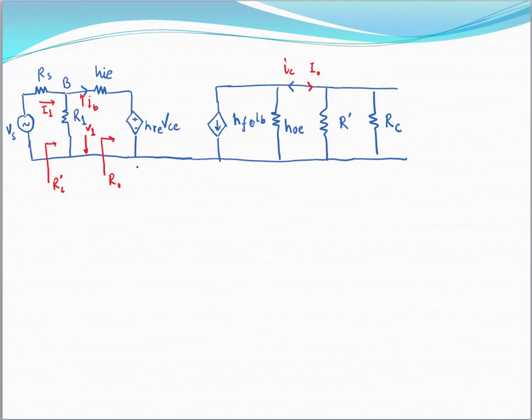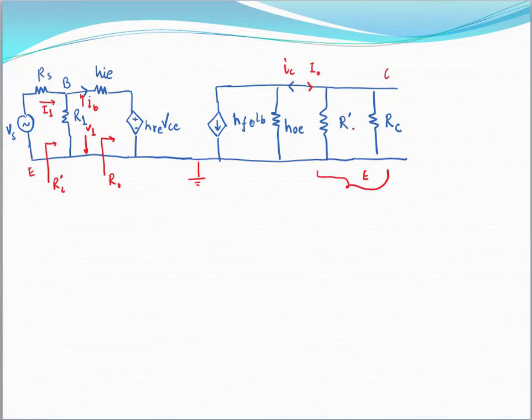This is the grounded one, this is the emitter terminal, this is the emitter terminal, this is the collector terminal, this is the base terminal, we have already written B. So we can calculate it here.